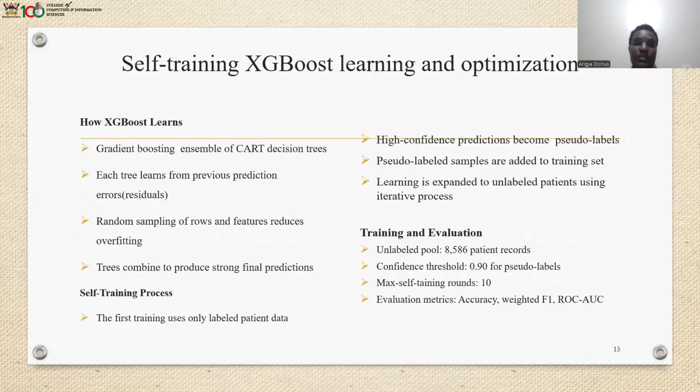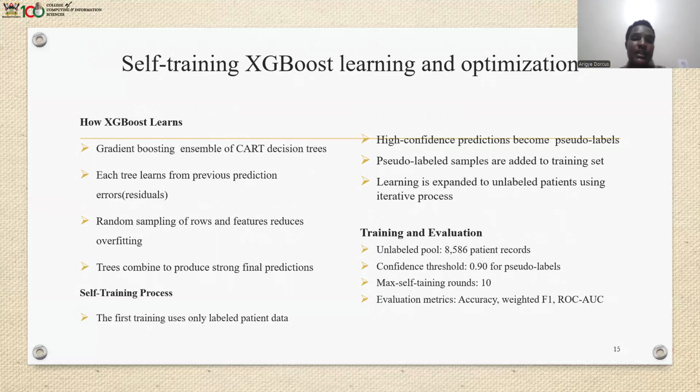Then next we have how the XGBoost learning happens in two stages. So first, it's a standard gradient boosting where the trees are built sequentially to minimize prediction error. Then comes the self-training phase. The model predicts on unlabeled data, and only predictions above a confidence threshold, typically 0.9, are selected.